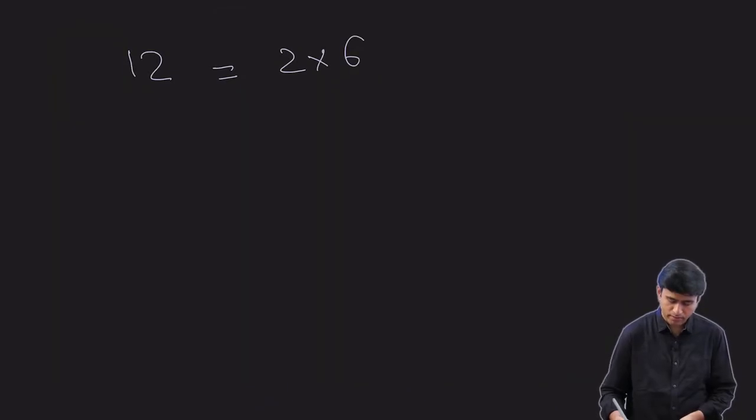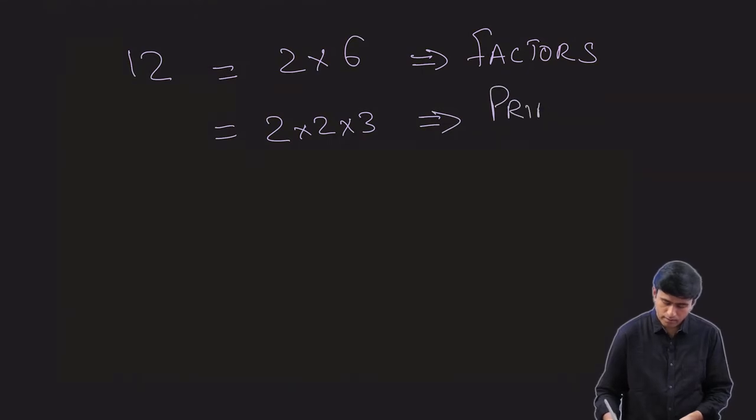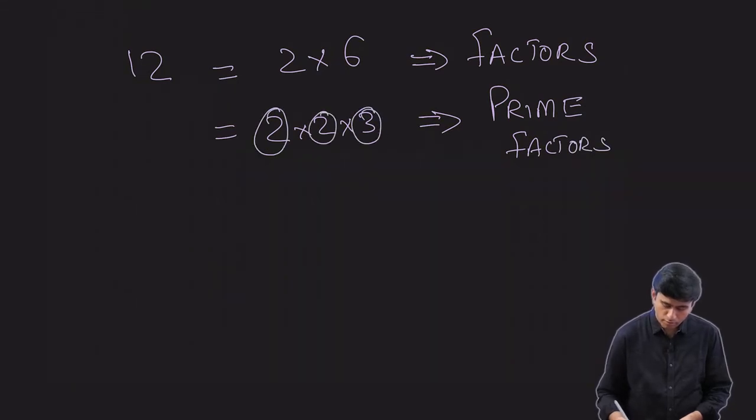So, when you write 12 as 2 into 6, these are the factors. But when you write it as 2 into 2 into 3, these are the prime factors, because it's a product of prime numbers. 2 and 3 are prime numbers.